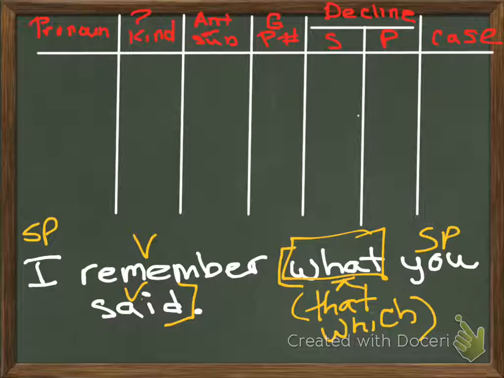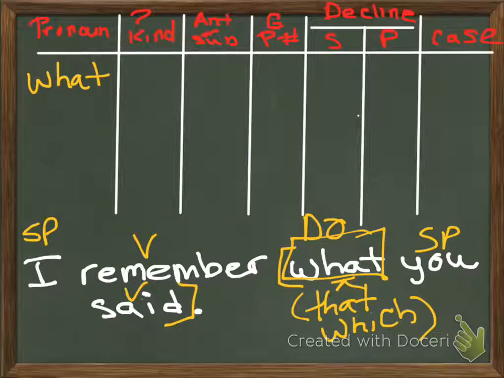Now what is what? Remember I asked, said what? Well, they're not telling us specifically, they're just saying that which you said. They're not telling us exactly what they said, they're just saying, you know, that thing. So, thing, it's an object, and it's not the same as you, so it is the direct object. So, what is the pronoun?